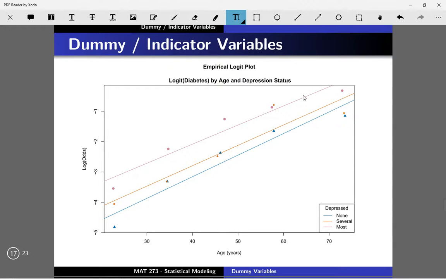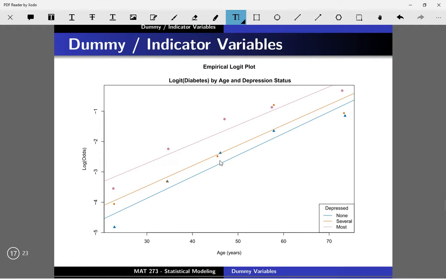What we notice is that the group who feels depressed most days each month has the highest chance of being diabetic, followed by the group that feels depressed several days each month, and then the least likely to have diabetes is the group that feels depressed no days each month. Okay, and again, we cannot conclude causal relationships here. We're just looking at the associations in the data.